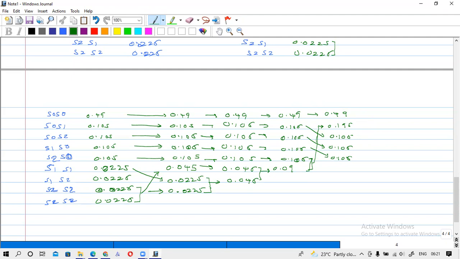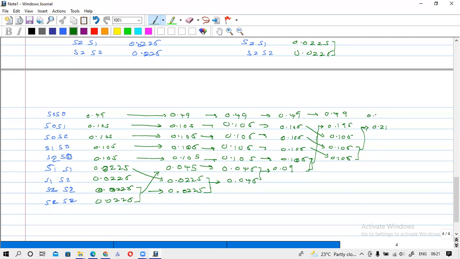So again I add these two. If I add these two, what happened? Now it will be 2, 1. So it moves here because it is 0, 1, 2. 0.21, correct?